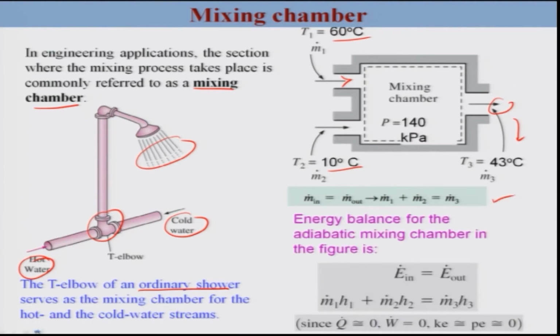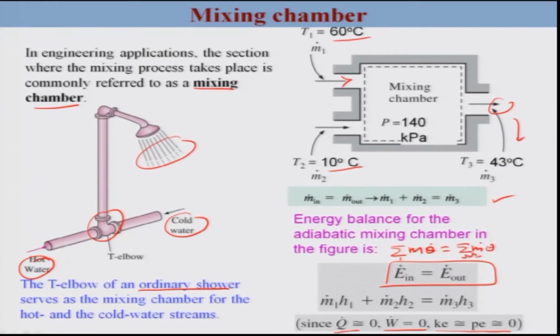Now considering steady flow, we are well aware that this will be the case. We will be considering that there is no heat supply to it, so Q dot is 0, and there is no work done by the system, and we will be assuming that the changes in the kinetic energy and potential energy are 0. In that case, your simple energy balance would be summation m theta inlet is equal to summation m theta outlet.